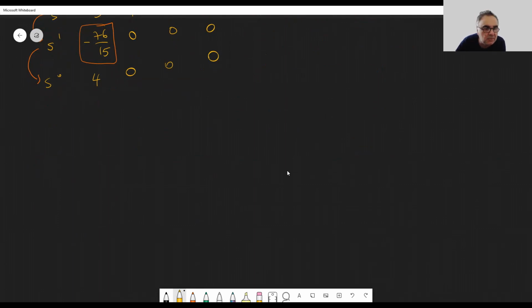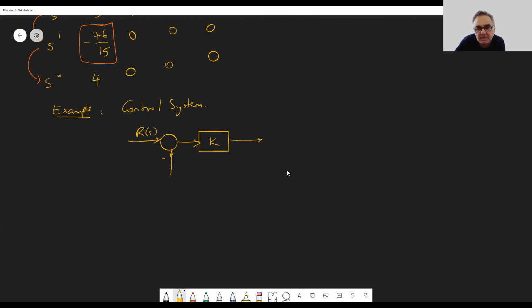So let me give you an example of a control system here. A simple one, but it illustrates the idea. Let's say this is the reference input. Let's say that the controller is just a simple gain of k. The k is unknown.